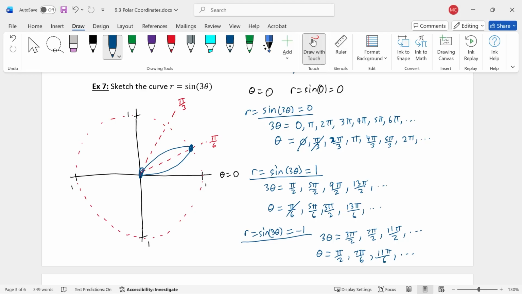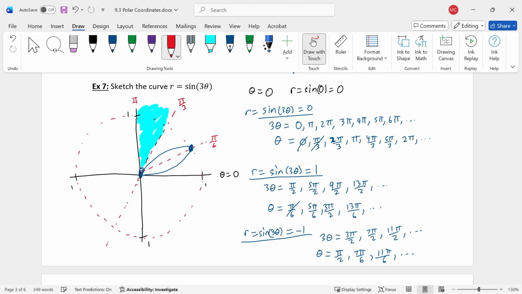Now it starts getting tricky again because our next value for r is going to be -1 at pi over 2. So now we'll start keeping track of our regions again. Remember, we're drawing for this region, but the radius is negative, so I'm actually drawing opposite of that.